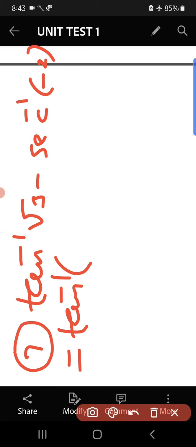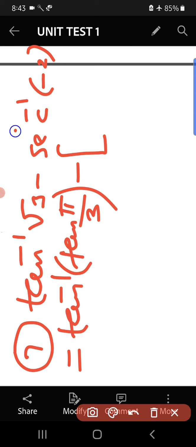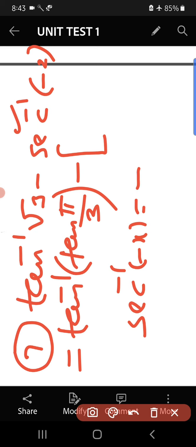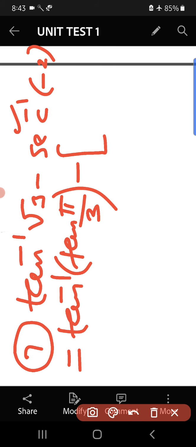Tan 60 degrees. So I can write this as tan pi by 3. Then minus secant inverse of minus 2. That means I have to use the formula. We know this formula, secant inverse of minus x is equal to minus secant inverse x. So we can use that formula inside the bracket.